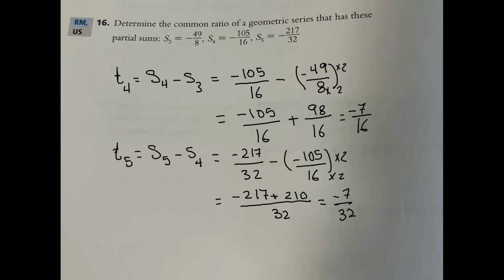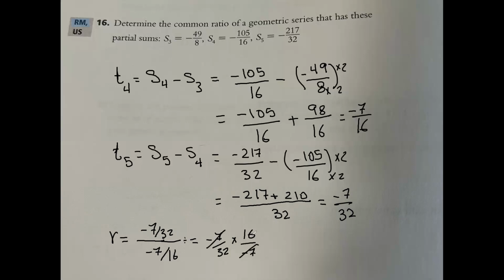Now, if I know T4 and T5, to find the common ratio in a geometric sequence, you take two consecutive terms and you divide the later by the earlier, or the T5 by the T4, which is negative 7 over 32 divided by negative 7 over 16, which makes this negative 7 over 32 times, because this is your division, that's your main fraction, so you change that to multiplication, and flip the divisor, and you get 16 over negative 7.